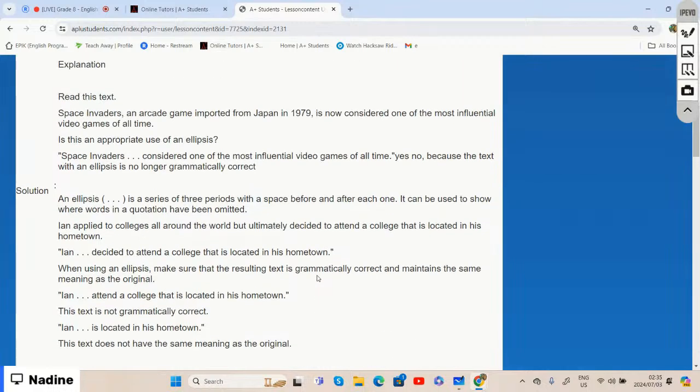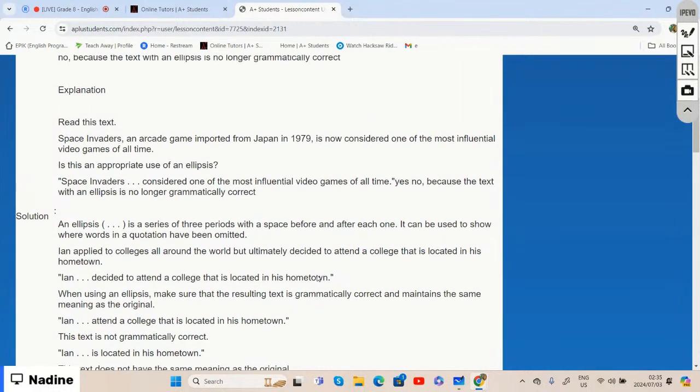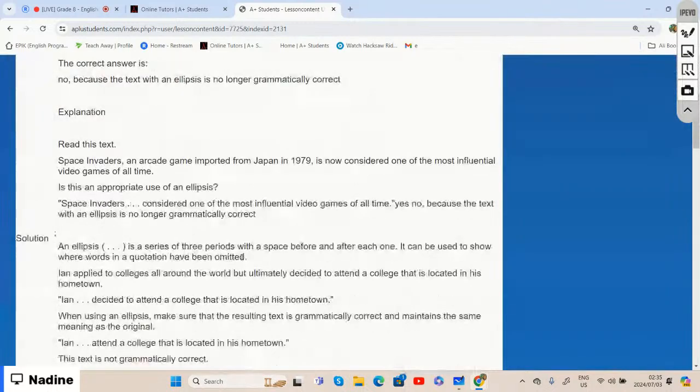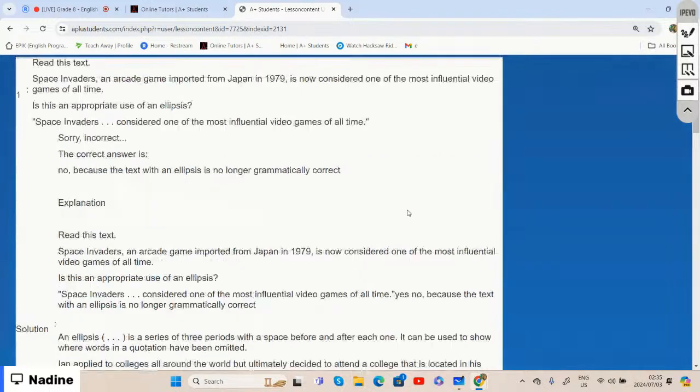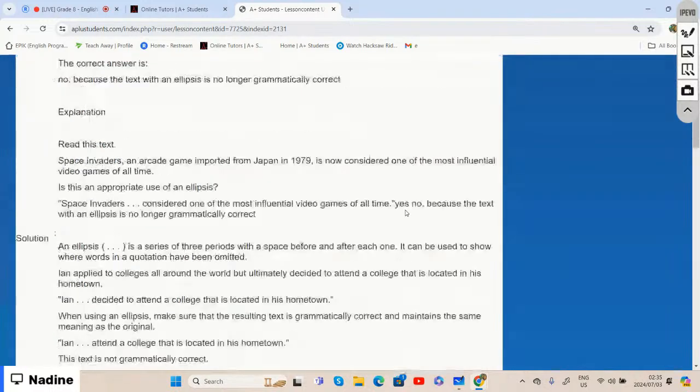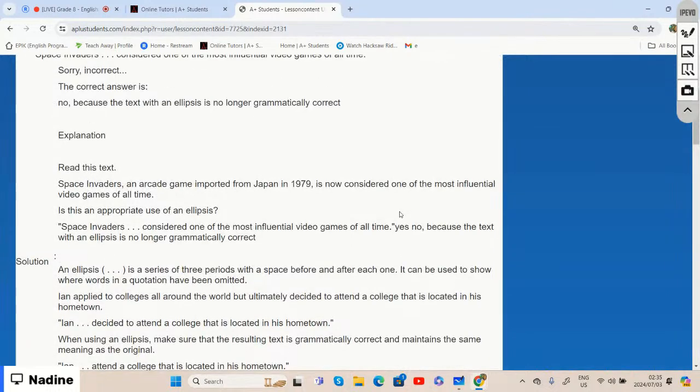All right. So I think at this moment we have an ellipsis, which is a series of three periods with a space before and after each one, and you can use it to show where words in a quotation mark have been omitted.